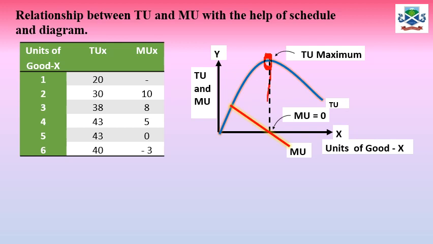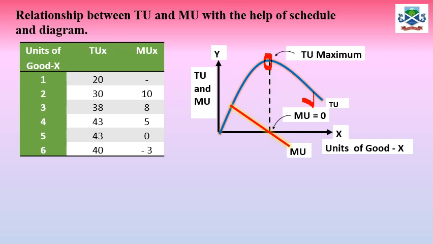These two points you have to remember. And when the MU curve moves below the x-axis into the negative zone, you will find the total utility curve starts declining. That's the important point you have to remember.